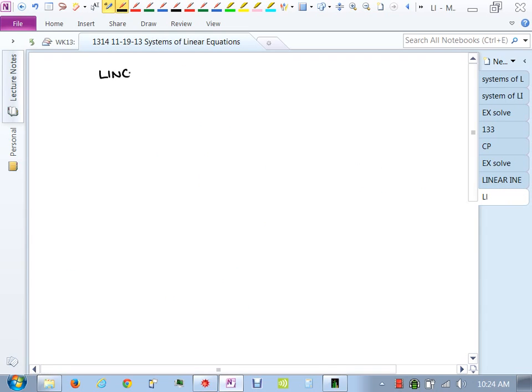What does a linear inequality in two variables look like?